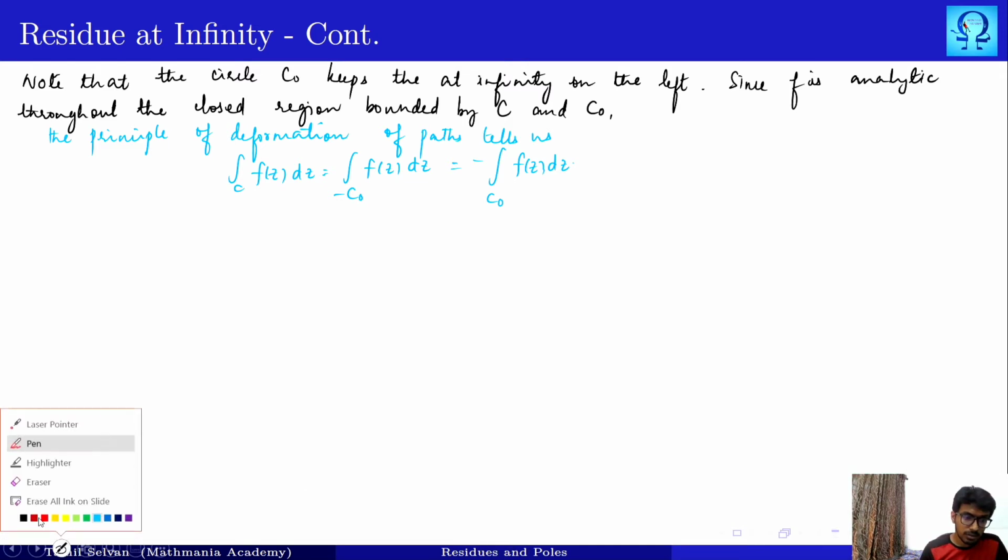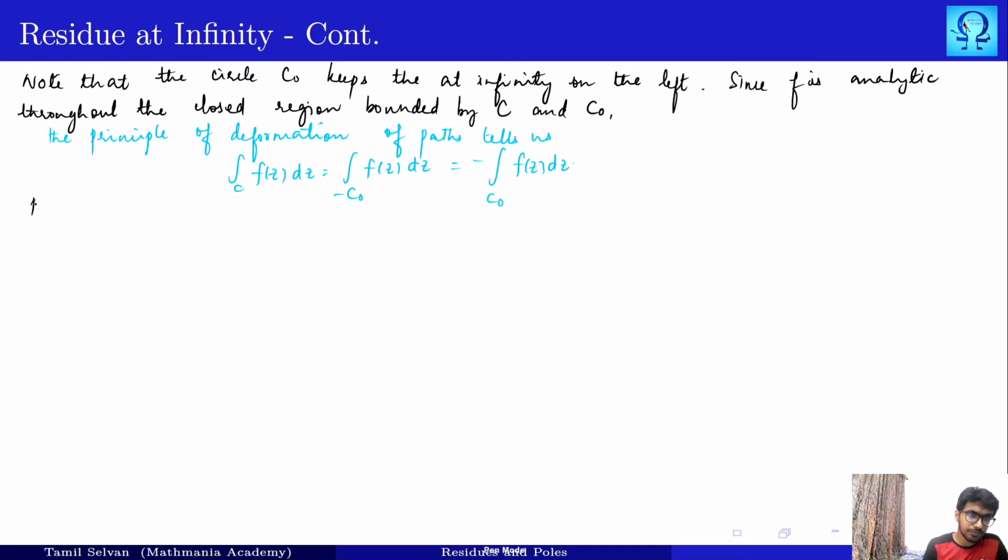So now by equation 1, the integral over C of f of z dz is minus 2 pi I times the residue of z equals infinity to the function f of z. We mark this as equation 2.